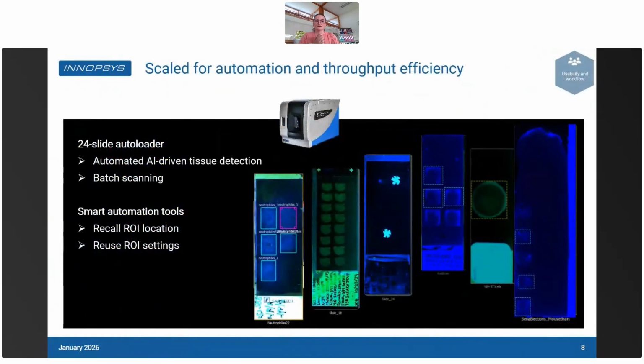So you can put all types of different samples at the same time, and then have different settings for each slide, or have the same setting for all the slides. And this allows for very robust batch scanning and with automated tissue detection to really be able to scan in the most automated and efficient way possible.